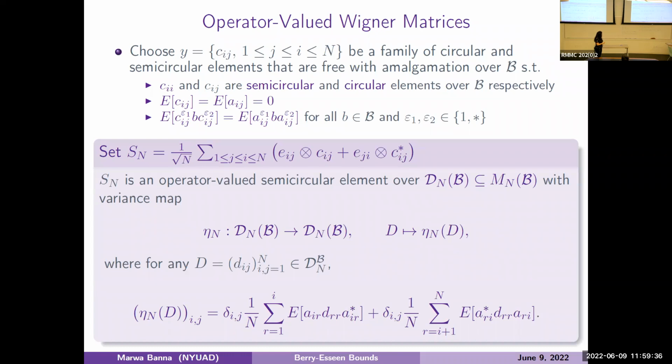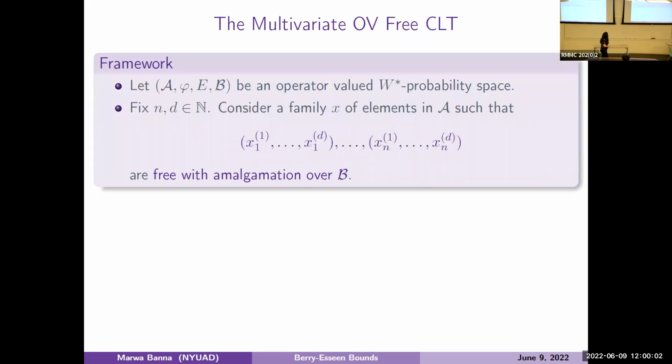And we know that this Sm is itself an operator valued semicircular element over the diagonal matrices with entries in B. The variance map can be computed easily, and this is how it looks. I just want to tell you that this is a general thing: we change our framework and we decide how to choose the yi's. I didn't state the theorem, but it just follows. We have the same rates of convergence and everything, this applies to matrices as well.